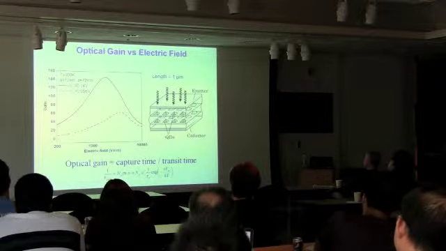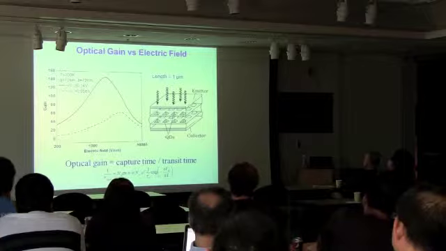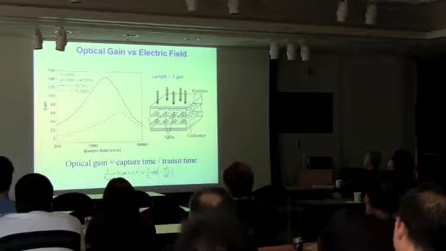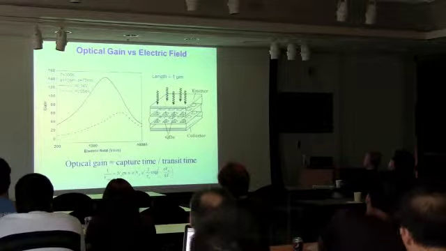So to present how good it is for the detectors, I show here the so-called optical gain. That is the capture time that we can control, as I explained to you, by doping. It's the ratio of capture time to the transit time. Transit time is the time that the electron will take to go from one contact to another contact.